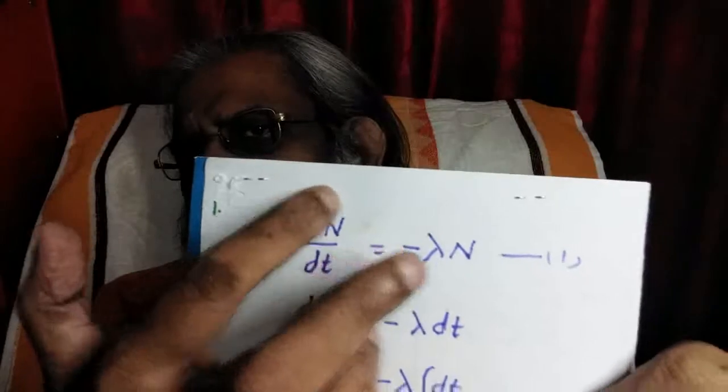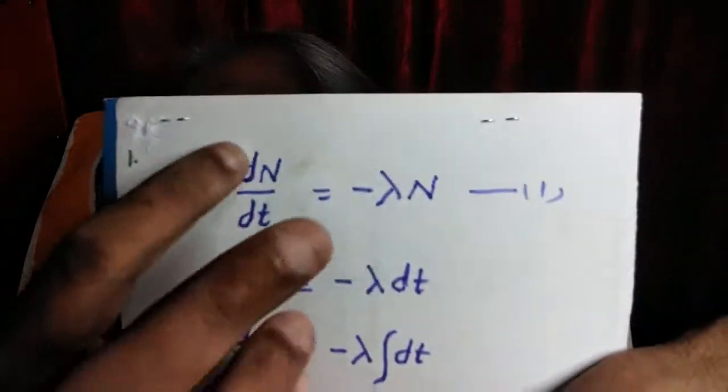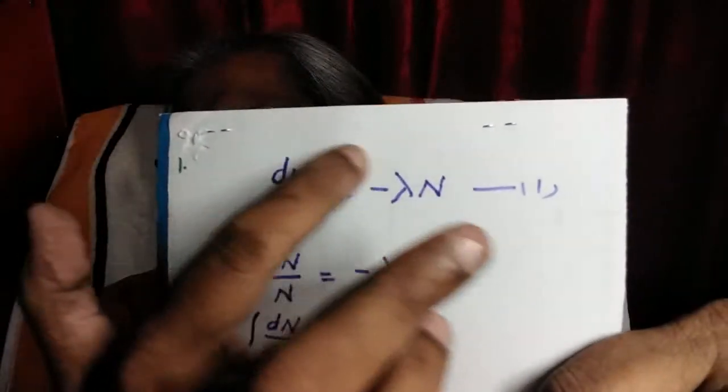As time progresses and the work to be finished diminishes, he becomes slow. He takes rest and does it slowly. That is the nature of every first order reaction. So radioactive process is a first order reaction, and this is the equation representing a first order reaction.